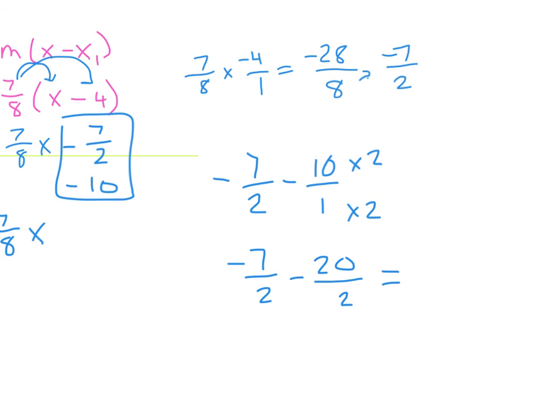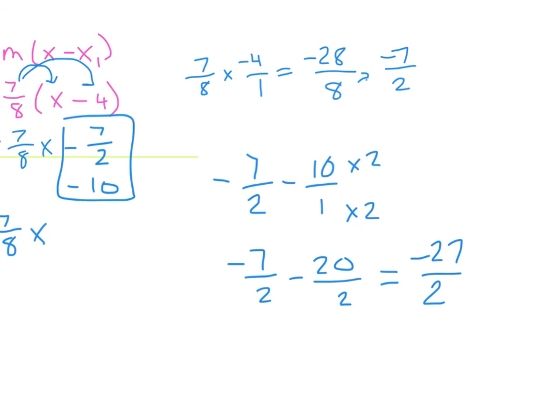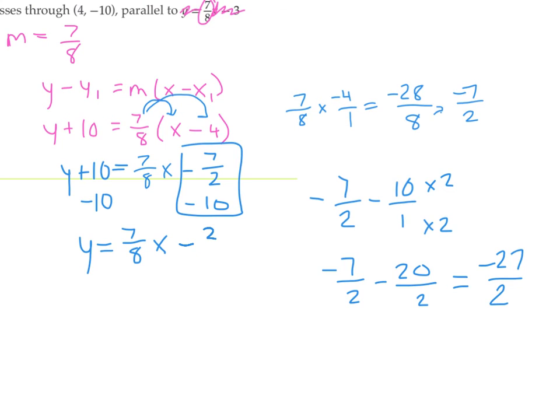Now we keep our denominator the same, and we just combine our numerators. So what is negative 7 minus 20? Negative 27. So we just put our minus 27 over 2. So y is equal to 7 over 8x minus 27 over 2.